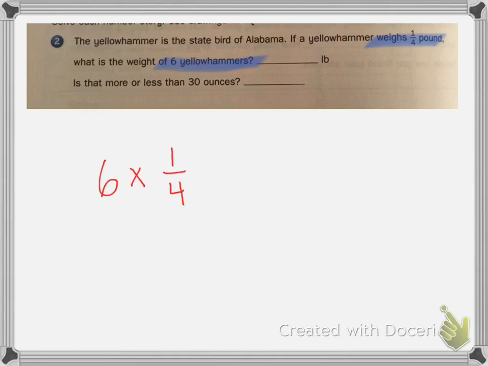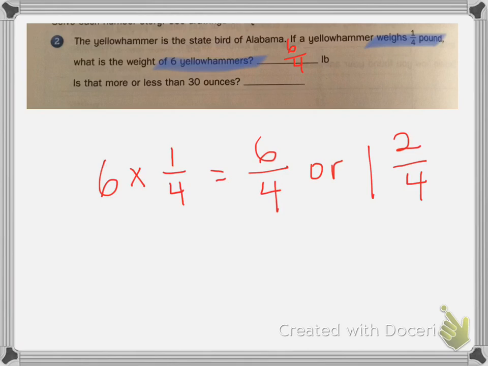Well, 6 groups of 1/4, if you count that out, 1/4 6 times, that would give you 6/4 pounds. Or you could also think of that as 1 2/4 pounds. Either way.